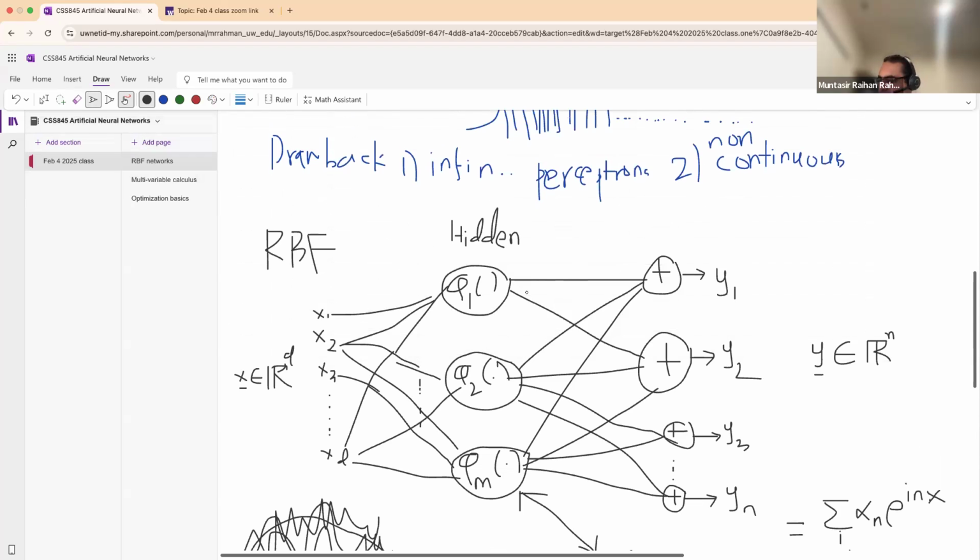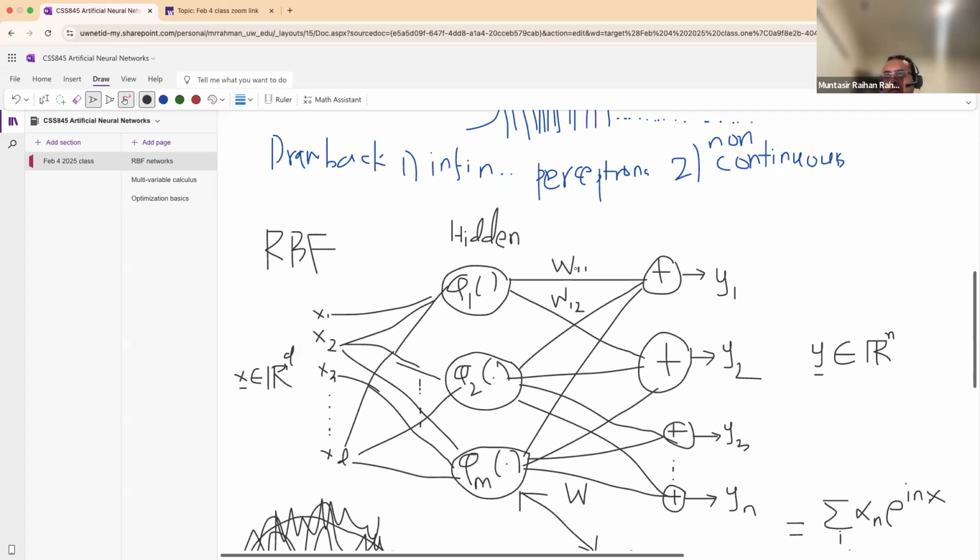I also need to specify some weight vectors here. So this is w11, this is w12, and then for example, the last one is w.